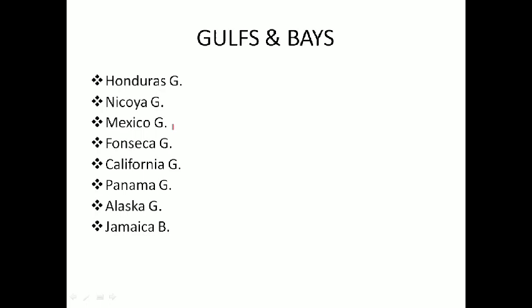Okay, now here we may not be able to remember all, but Honduras is also the name of a country, and Gulf of Honduras; Mexico is the name of a country and Gulf of Mexico; Panama is the name of a country and Gulf of Panama. Okay, this is how we need to remember.